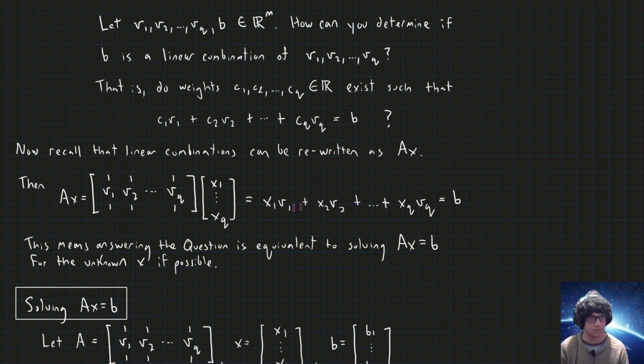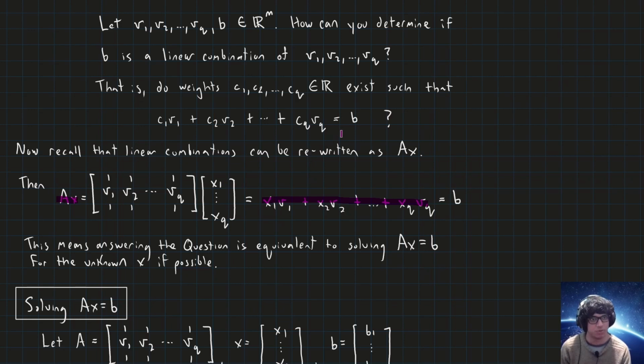In other words, a linear combination of the v's with weights coming from the x's. So a linear combination of the v's can be expressed as a matrix multiplication.